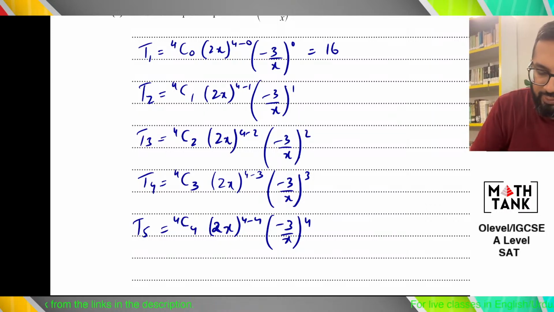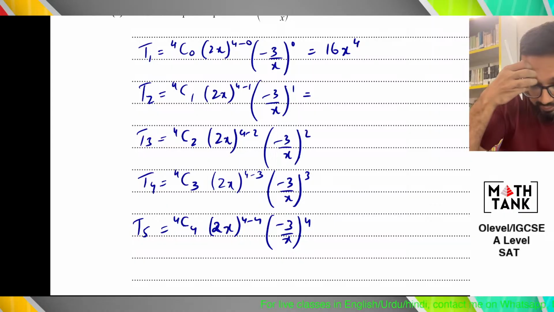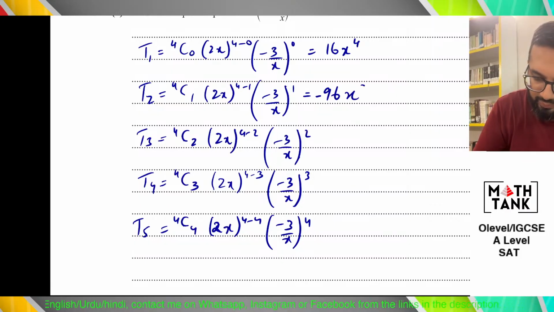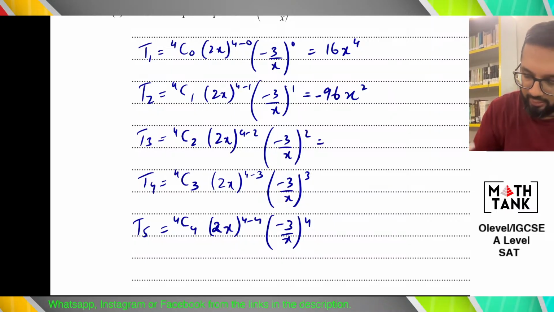2 power 4 is 16x power 4. 8 into 4 is 32. 32 into 6, so that's minus 96x squared. Okay, what's 4c2?